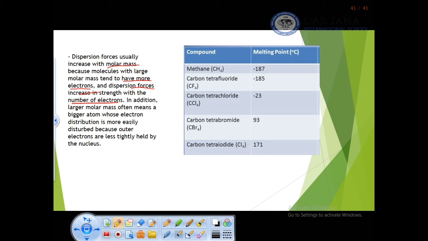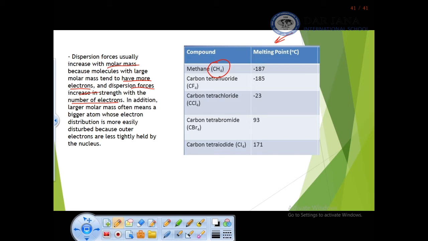Look at this table. We have compounds, for example CH4, CF4, CCl4, CBr4, and CI4. Let's analyze this graph of the melting point of each. As a conclusion, CH4 has the lowest melting point.